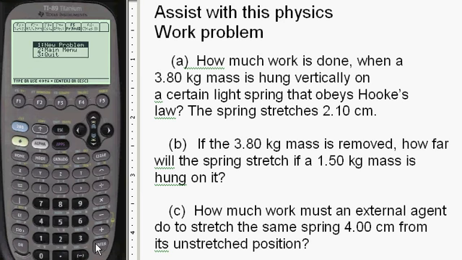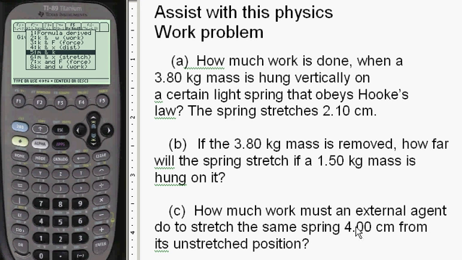So now we got a new problem. We're still stretching the spring, and you notice now they want us to put the stretch at 4 centimeters. Well, we got the same spring constant, right? So we got k and x somewhere here. Here's k and x, number 4. Let's choose that.